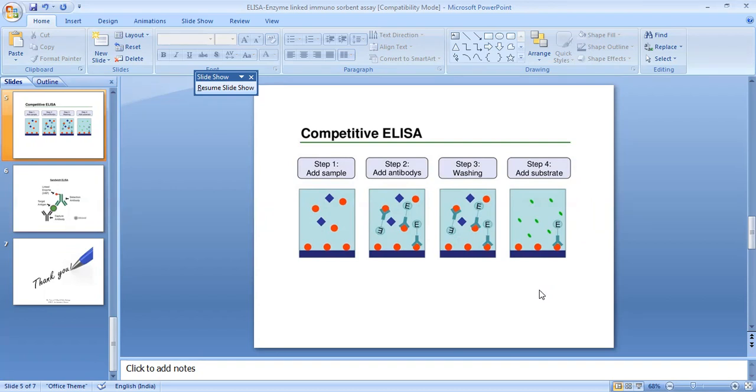So this is called competitive ELISA, and after washing, whichever antigen adheres to the surface of the microtiter plate will bind to the antibody, and the presence of the antigen-antibody complex will be measured using enzyme substrate reaction to form the colored end product.